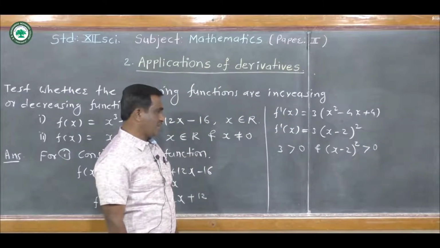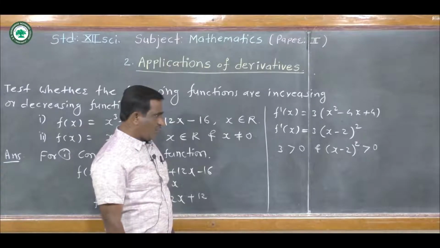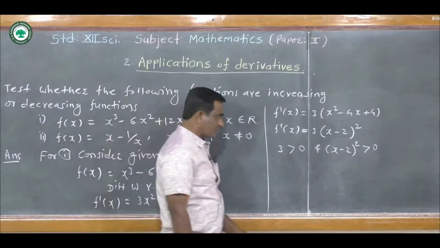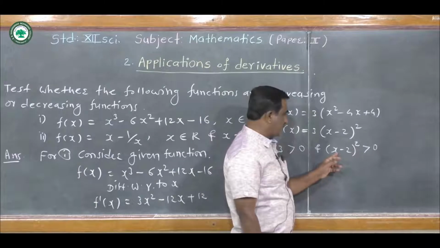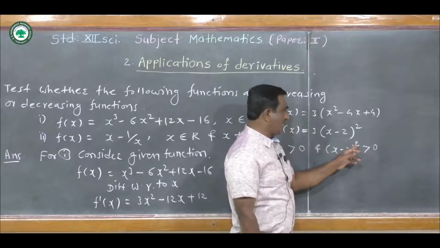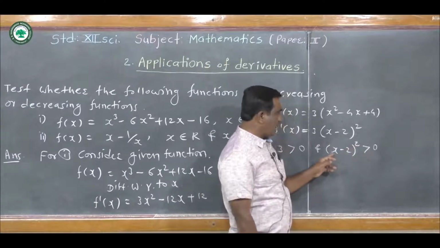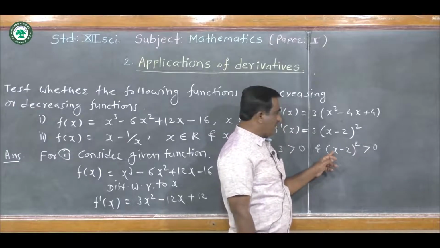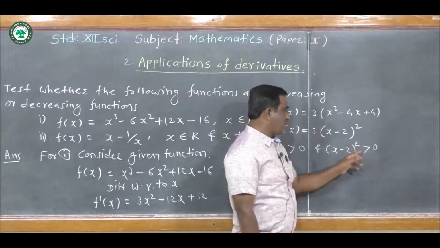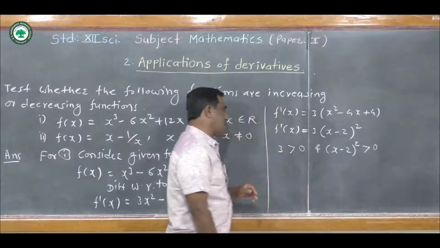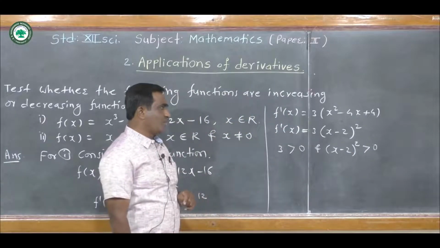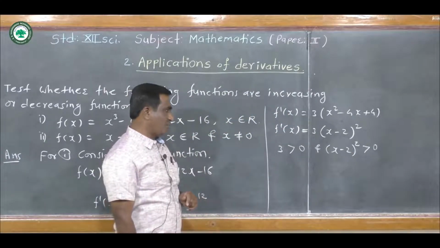If we take x equal to any real number, then x minus 2 bracket square is greater than 0. If we take x equal to 2 only, then this term is equal to 0. Other than that, x minus 2 bracket square is greater than 0.